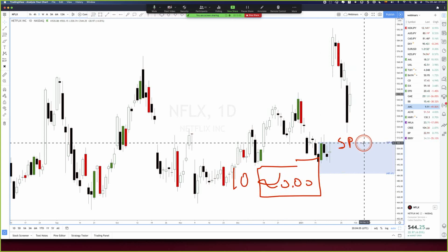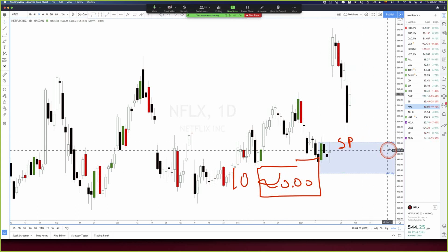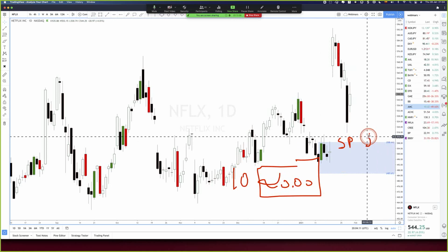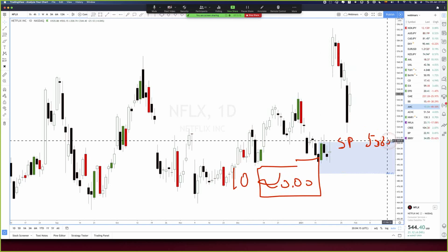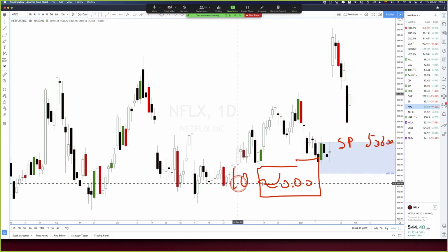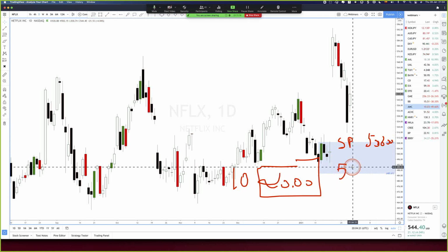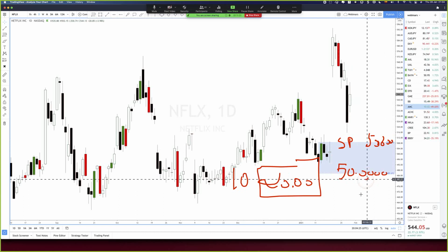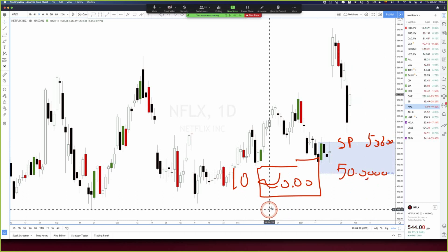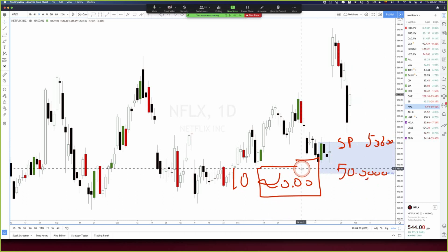So instead of depositing a lot of money to buy the underlying share, which would be like 408 multiplied by 100, so 50,000 more or less for one contract, 10 contracts would be 500,000. Do you have that money? No, you don't.